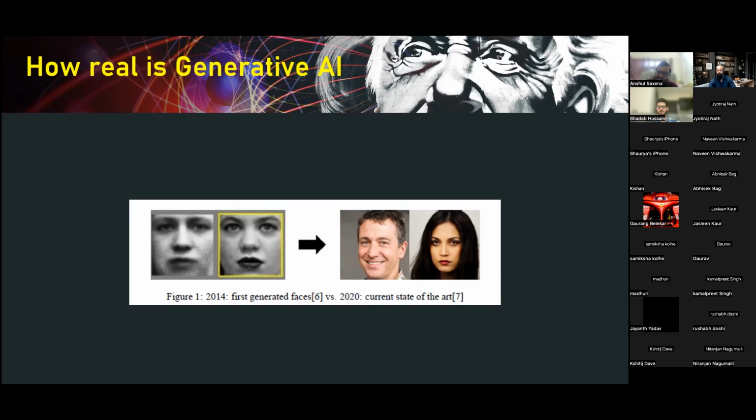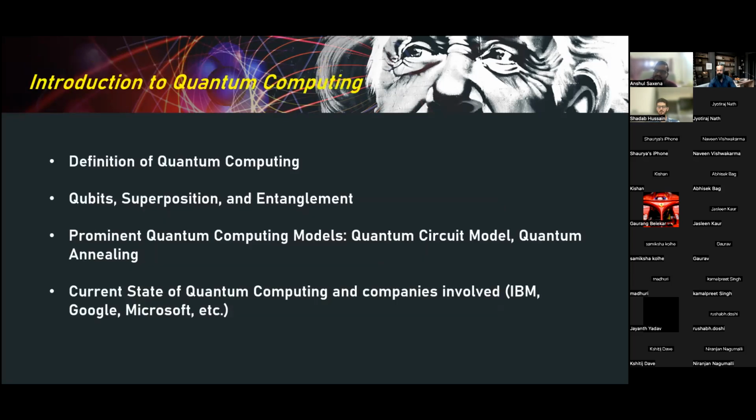Now, when we come to the next component, which is quantum computing. If you look at it, basically, quantum computing is based on the quantum mechanics principles, which is defined by the quantum mechanics in physics.